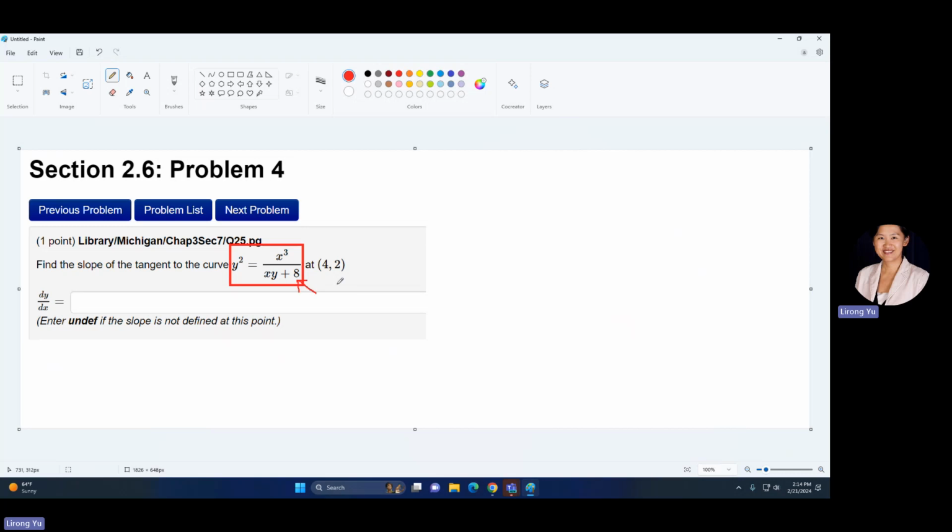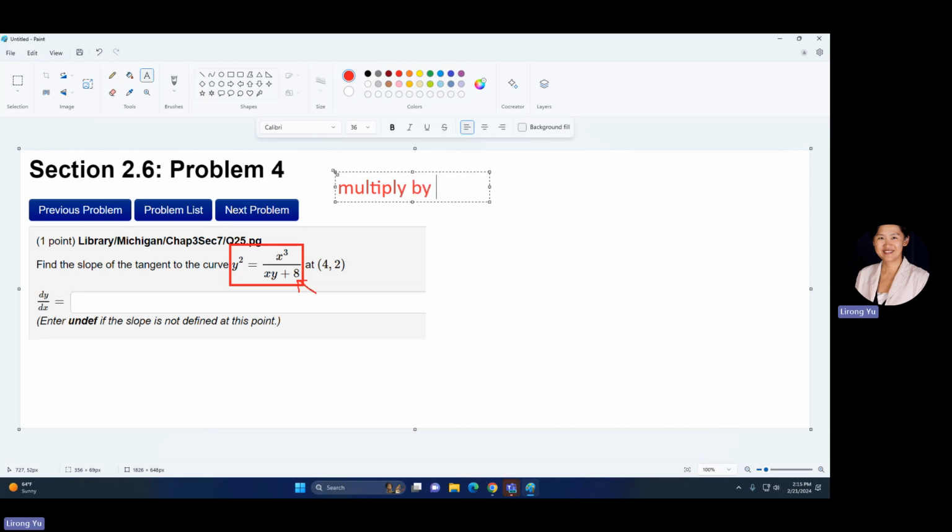If we're differentiating right now, we're forced to do the quotient rule on the right side. But if we multiply both sides of the equation, that means you change the equation format before you take the derivative, so it's easier for differentiation. So multiply both sides by the denominator.